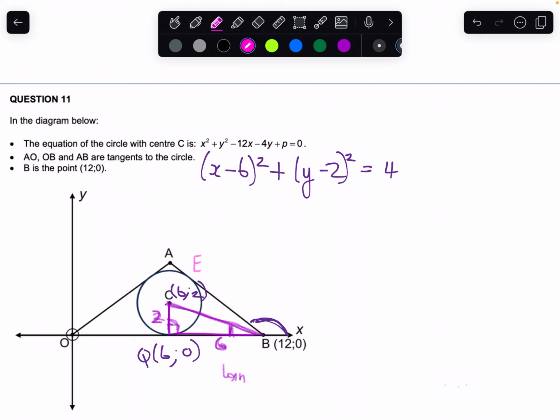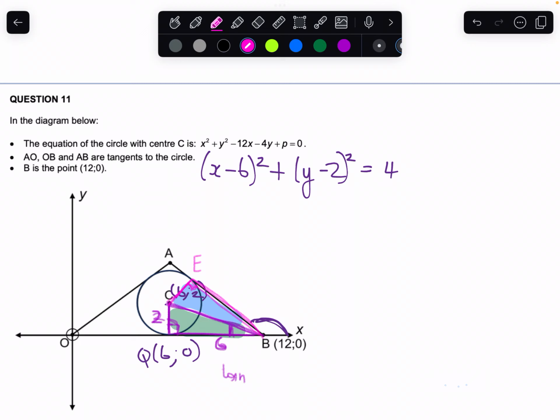Then we constructed this guy over here, right? And this is also a 90 because tan rad. And then we realized that these triangles, whoopsie, let's do it like this. This triangle and this triangle are congruent. Why are they congruent?